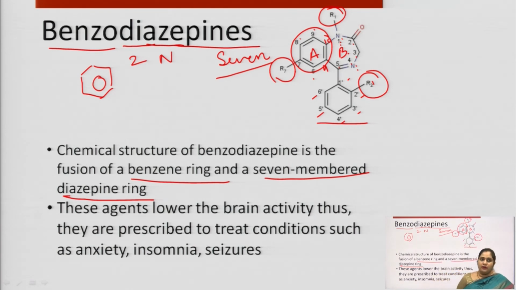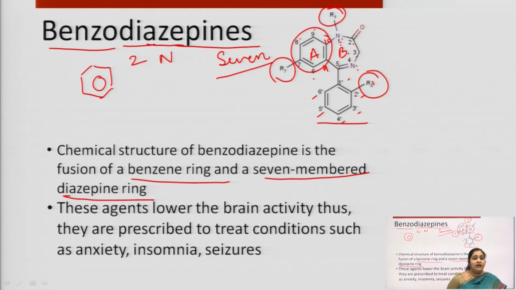Actually, these benzodiazepines bind themselves to the allosteric site of the GABA receptor, and they enhance the action of GABA. What GABA actually does is open the chloride channels and inhibit the excitatory action of the body.